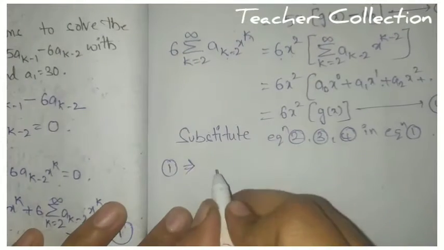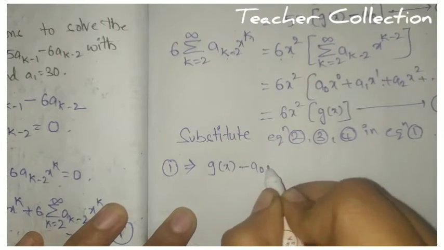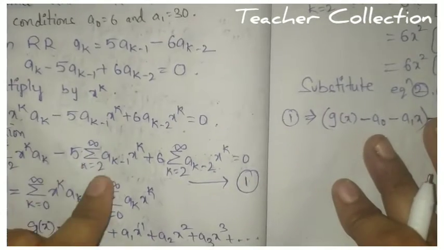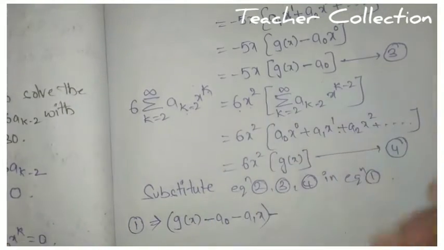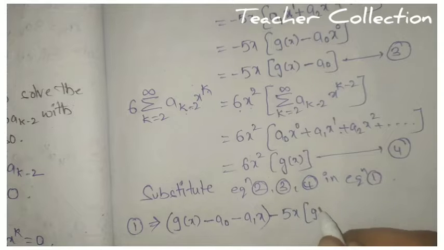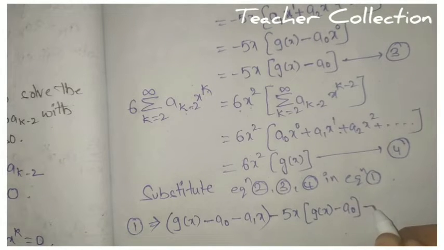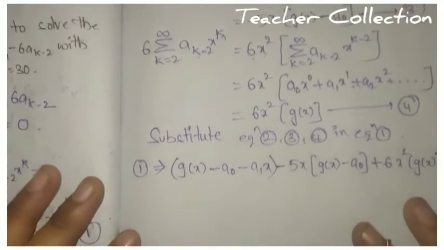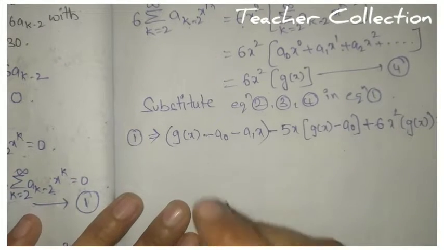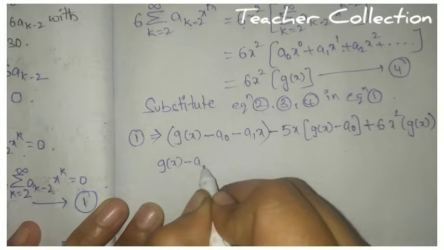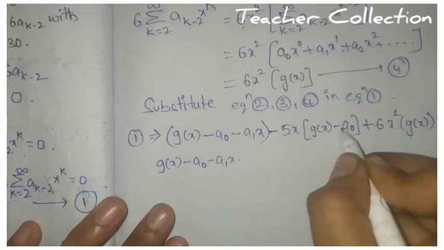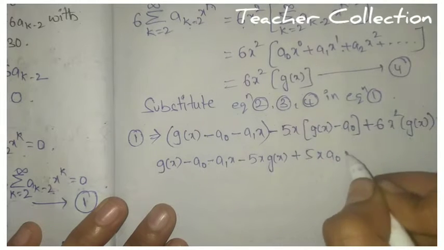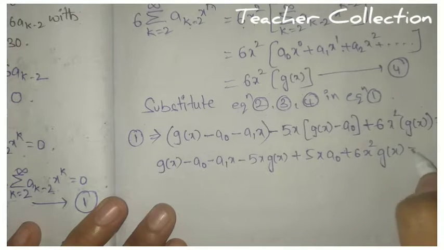So we'll get g of x minus a naught minus a1 x, minus, next in the place of these we'll substitute this, minus 5x into g of x minus a naught, plus 6x squared into g of x, is equal to 0. Now multiply this inside: g of x minus a naught minus a1 x, minus 5x g of x plus 5x a naught plus 6x squared g of x is equal to 0.